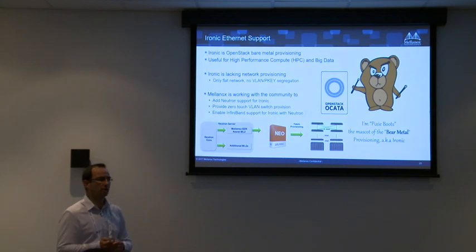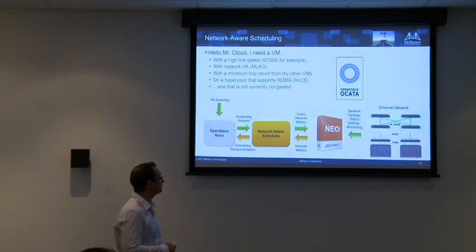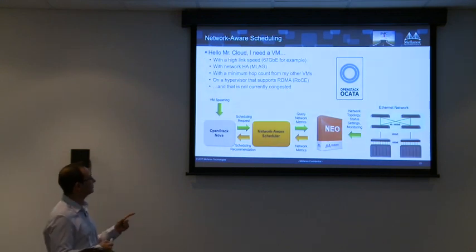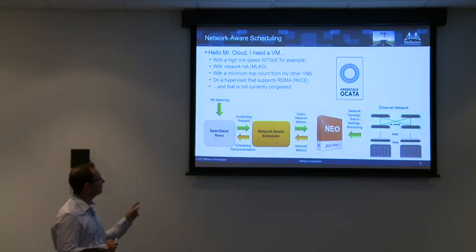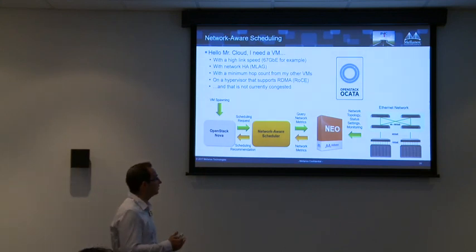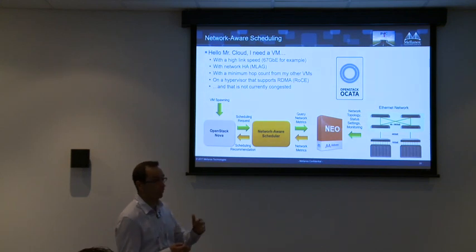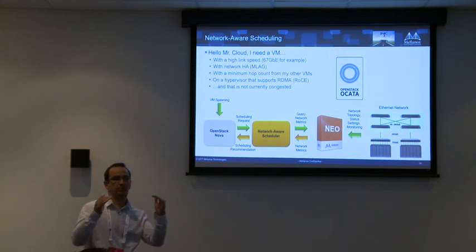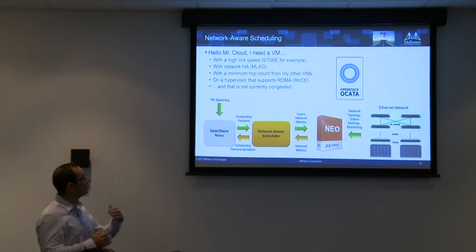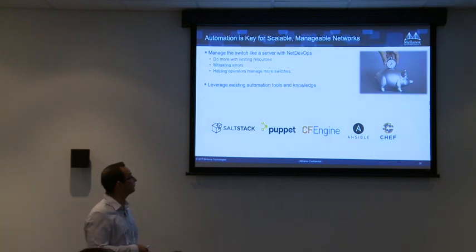This can be done manually, or Neo can actually listen to Neutron and do it automatically from Okata. This is work in progress, but we can do scheduling. You're spawning a VM. Neo is recommending to Nova about other aspects when it comes to spawning a VM. For example, I want to spawn a VM only on an MLAG setup, only with high availability, or I need specific bandwidth and so on.